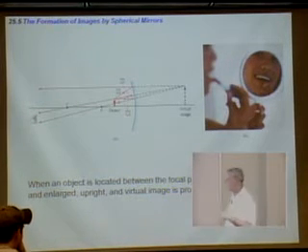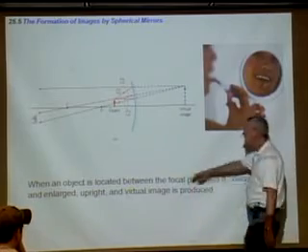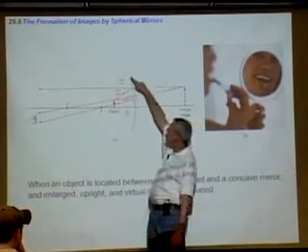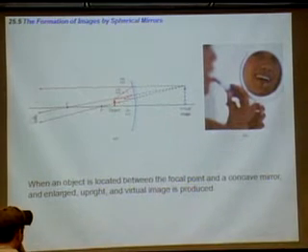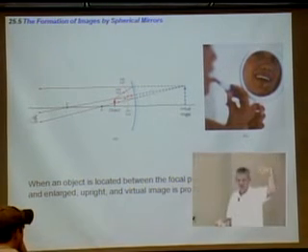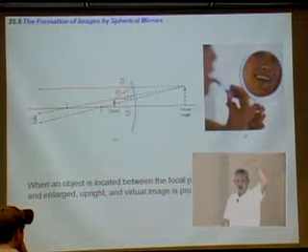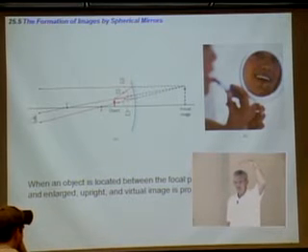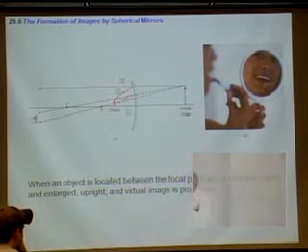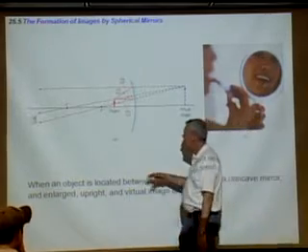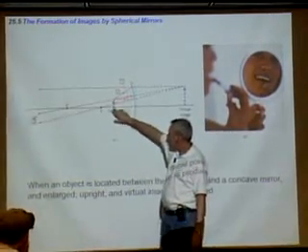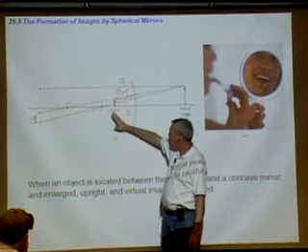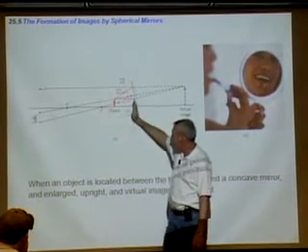This is the way a makeup mirror works. In other words, a makeup mirror is a concave mirror with a very large radius of curvature. You might not even be able to tell, it's so large that it actually does have a little bow to it. Okay? And what that means is your face, or whatever, the object is between the focal length and the mirror.